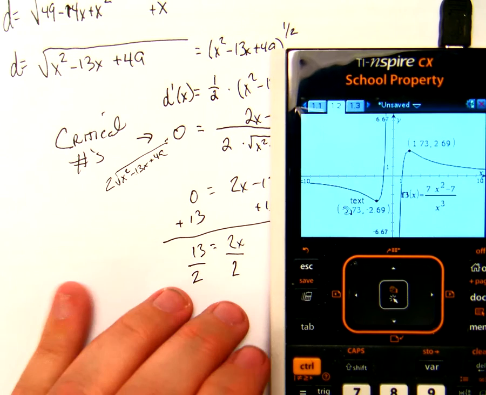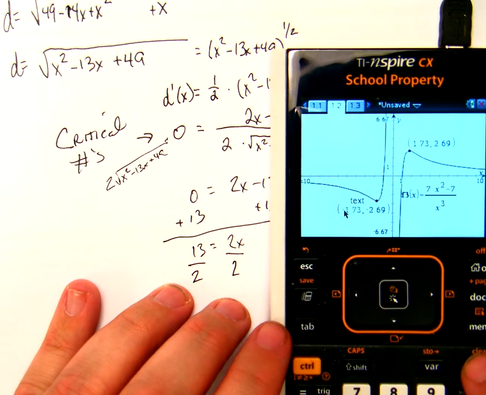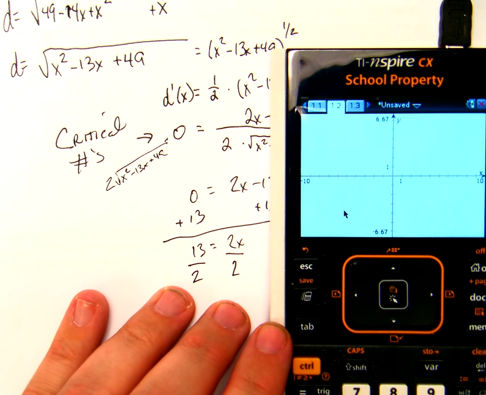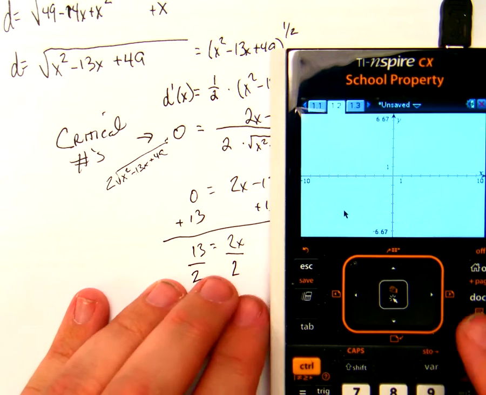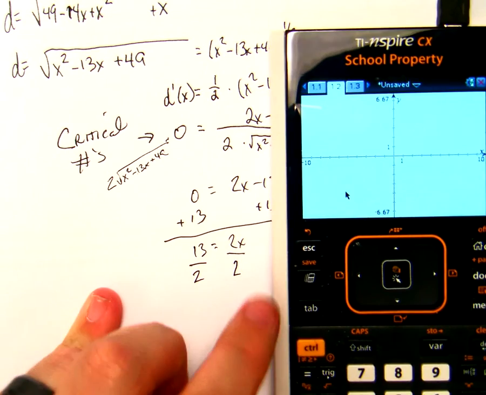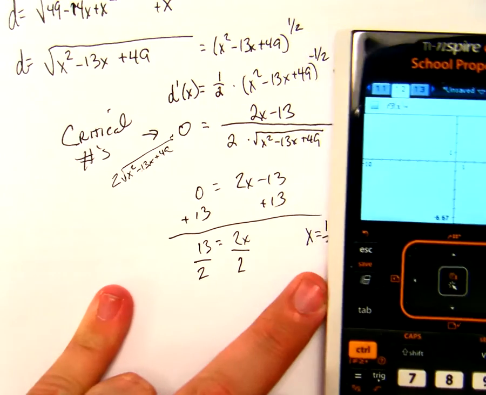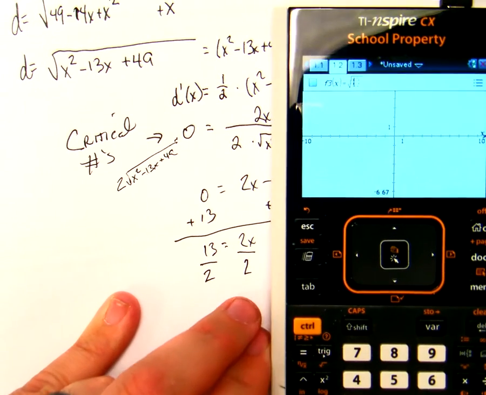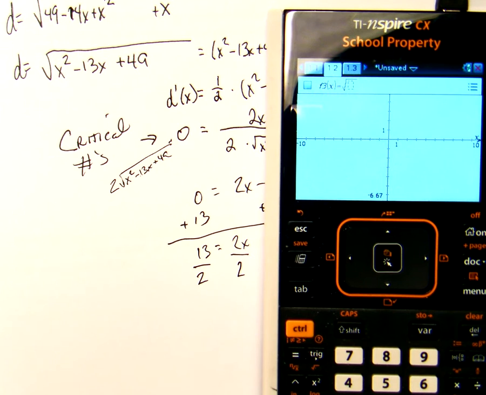So I'm going to delete everything off of there. And what I'm trying to do is find out where the denominator is equal to 0. So I'm just going to graph that crazy square root, because that's really all the part that's equal to 0. Does that make sense? So I just want to find the zeros of that denominator.